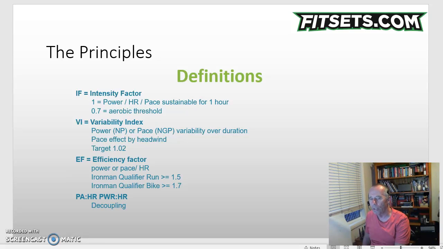So good aerobic fitness coupled with good technique, biomechanics and power base on the run will give you a high efficiency factor. Ironman qualifiers generally hit efficiency factor of 1.5. Ironman qualifier bikes generally hitting around 1.7.